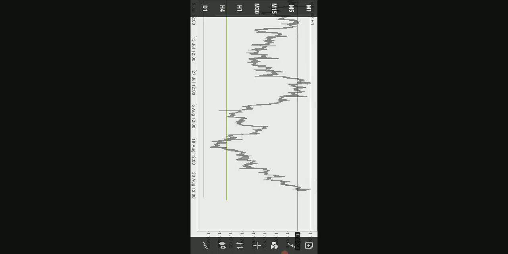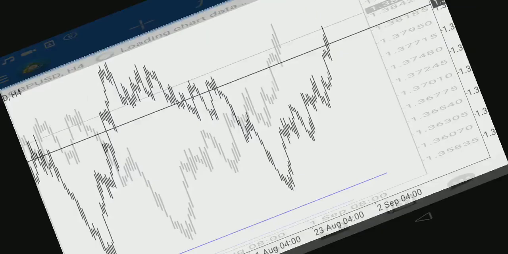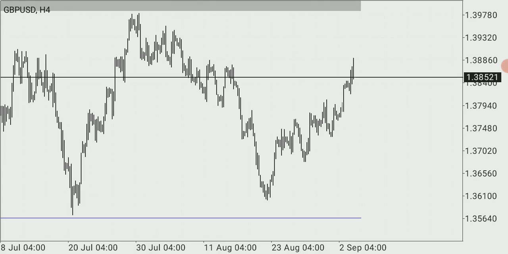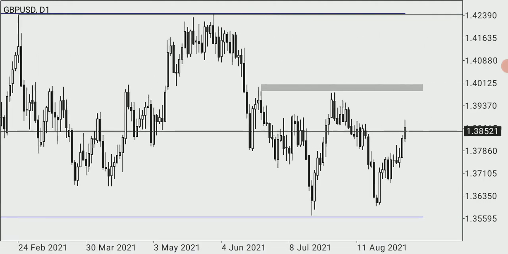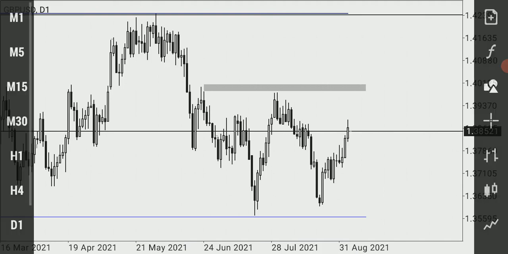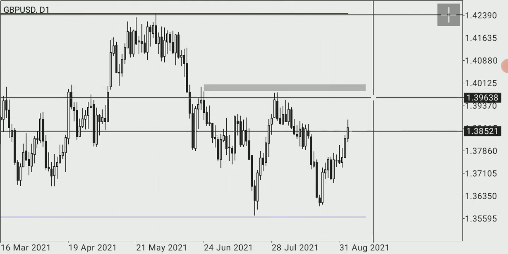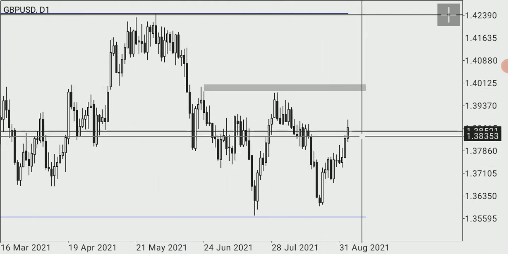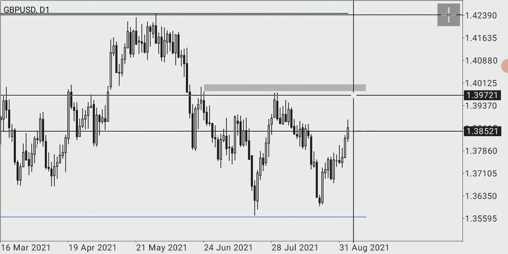So let's take a look at GBP USD. Okay, so we still have these equal highs right here to be taken. So the market traded lower, all right, and then we see it coming higher.